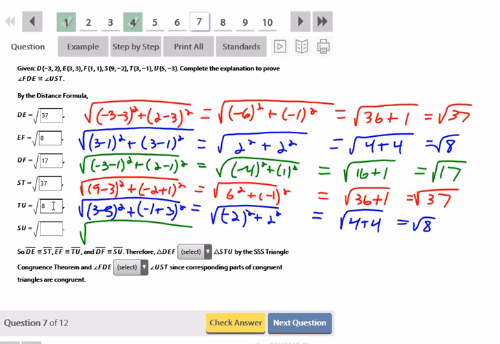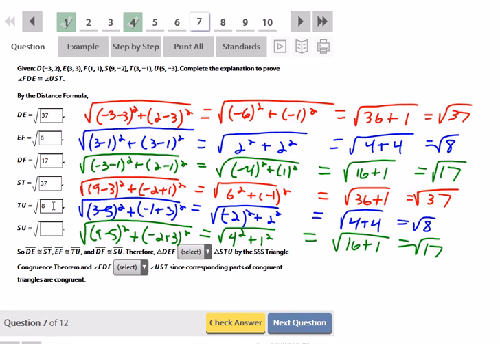So SU is 9 minus 5 squared plus, equals 4 squared plus 1 squared, which is 16 plus 1, which is square root of 17.